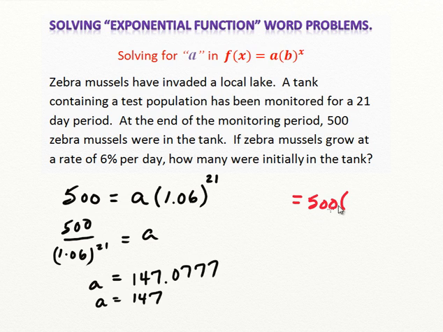They were growing at 1.06, okay? And we know that they were monitored for 21 days. So I can put a 21. Now, if I was interested in knowing how many zebra mussels were present 21 days in the past, that is, when they first started monitoring the tank, then I could just write the equation as that.